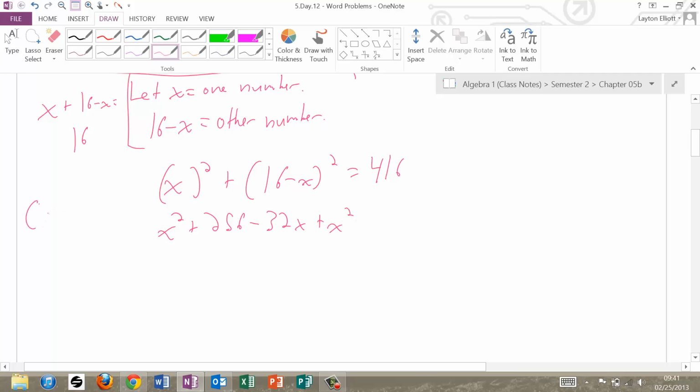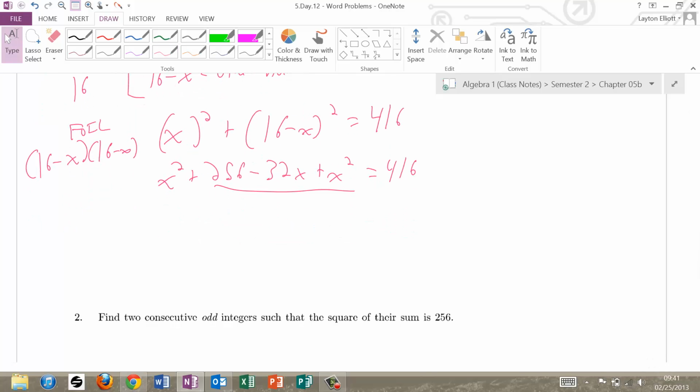If you have to go off to the side and write it out, that's fine, but make sure that you're FOILing these two binomials together to get the trinomial. Equals 416. Now we're going to set everything equal to 0 so that we can solve this. So I'm going to simplify the left, 2x squared minus 32x plus 256, putting it in descending order, equals 416.